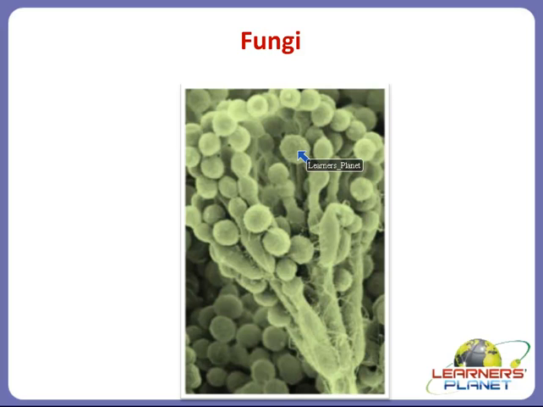Whenever they get the required nutrients from the soil, they will grow into a new fungi plant. So fungi, ferns and mushrooms are all examples of plants which are able to grow into a new plant with the help of spores.